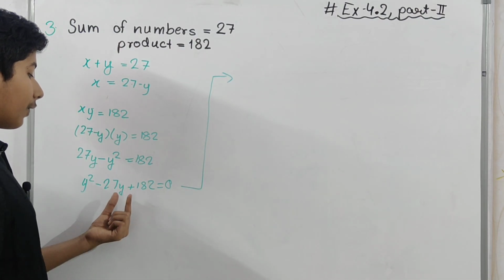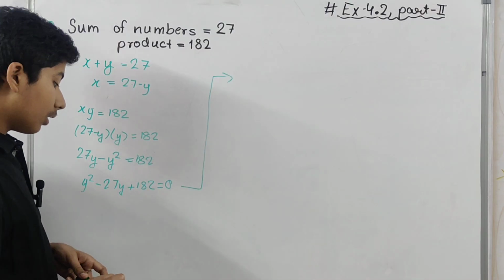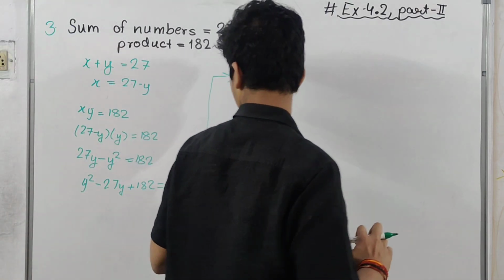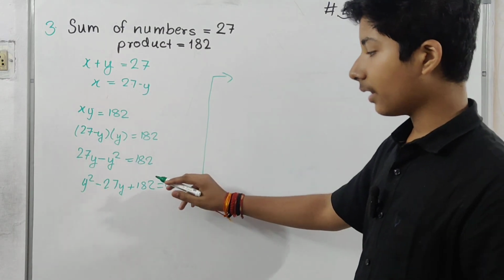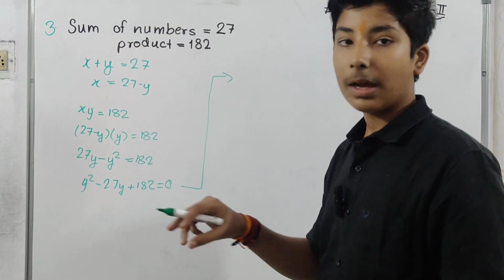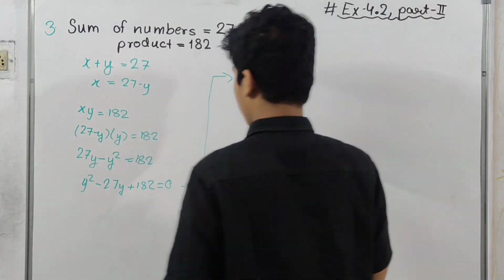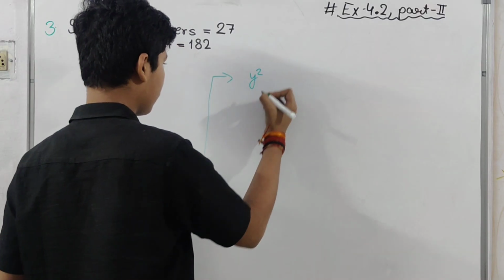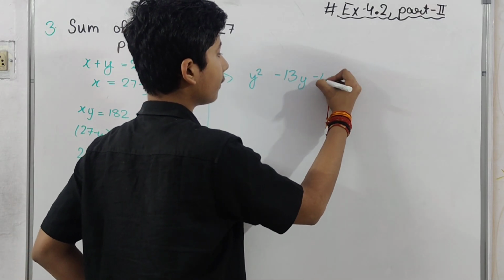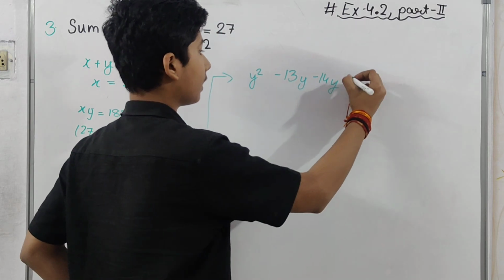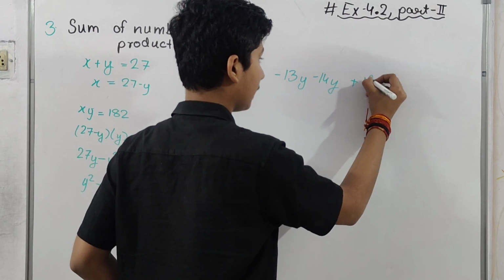Now we'll solve it this side. Okay, so we have to write 182. So 27 can be written as 13 plus 14. Okay, so y square minus 13y minus 14y plus 182.